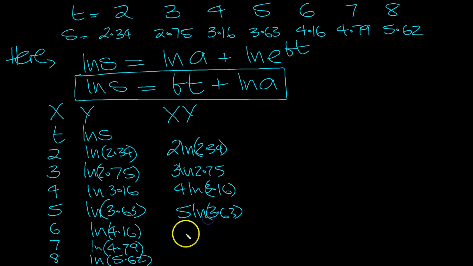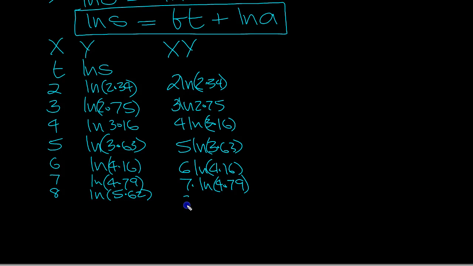Hopefully it won't take too long. And then 7 times ln 4.79, and then 8 times ln 5.62, and then we need to do the xi squareds, don't we?